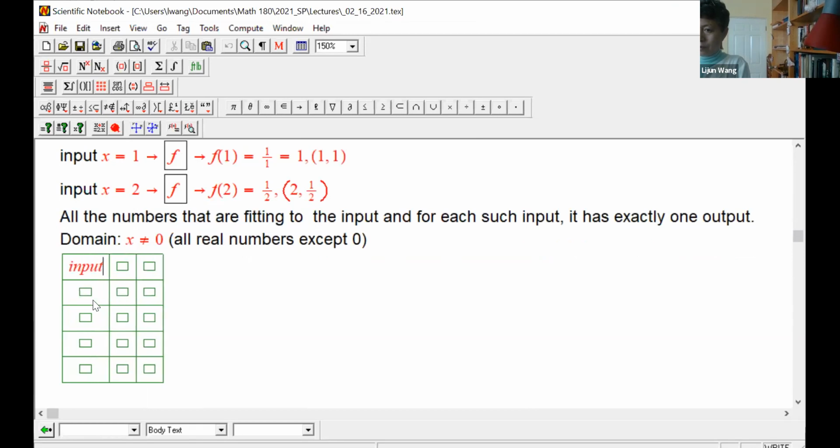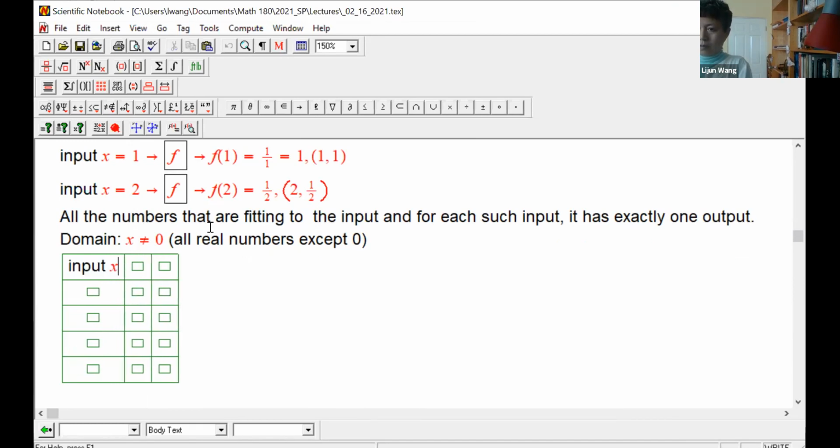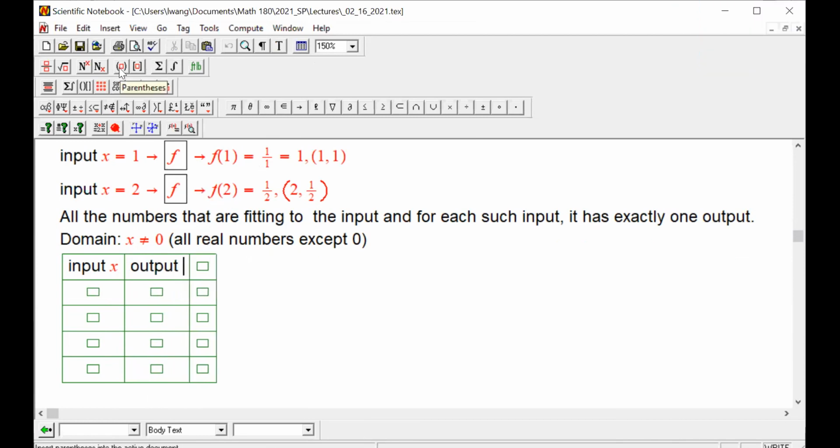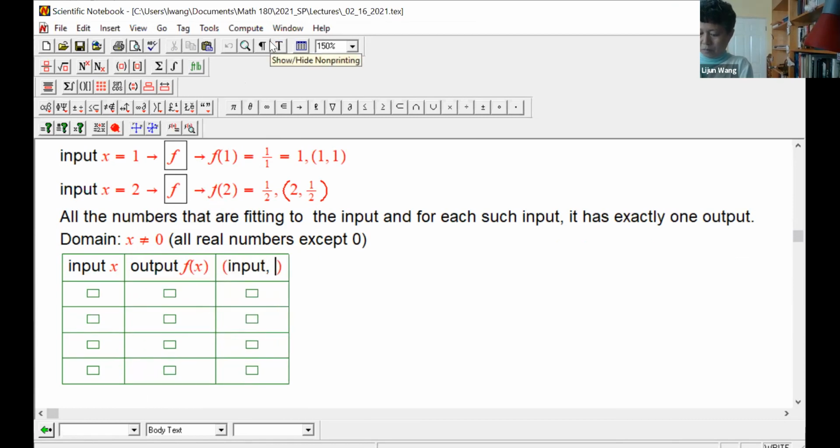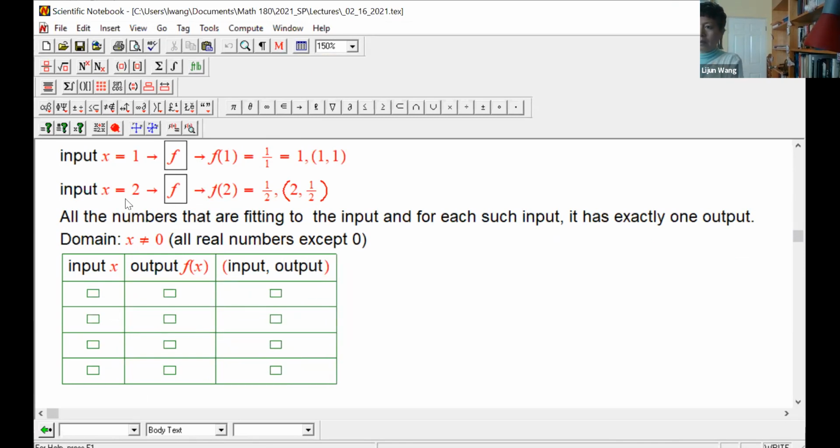Input, output, input, output together. Okay.